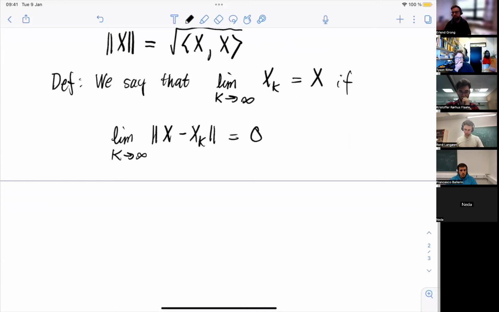So this is how we define one matrix approaching another matrix in the space of matrices.